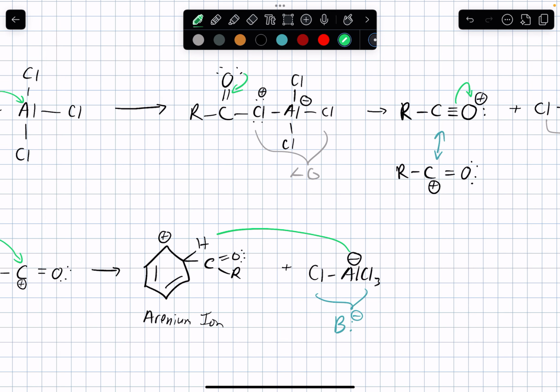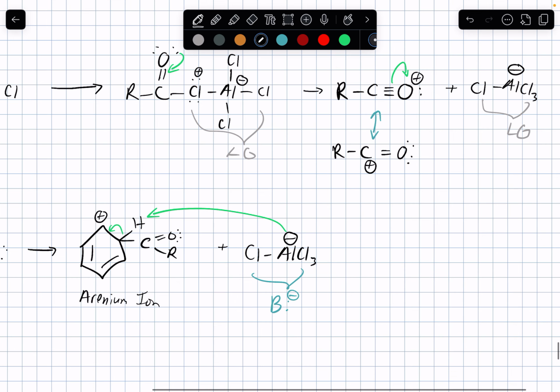The minus sign will attack the hydrogen, and the hydrogen will go back to form the double bond. Then we have this one left, plus.